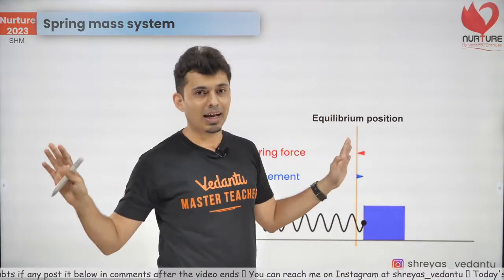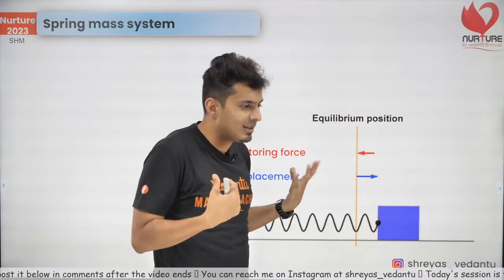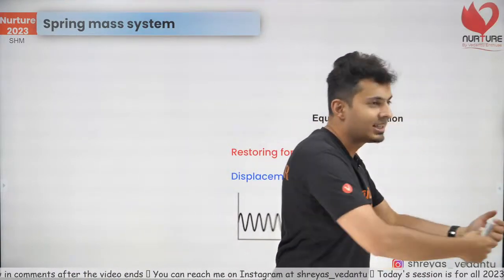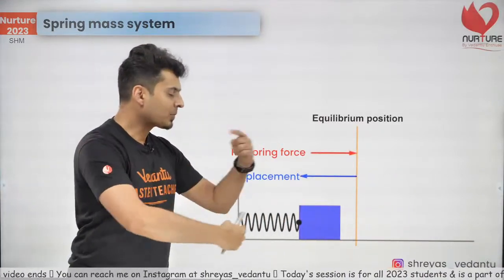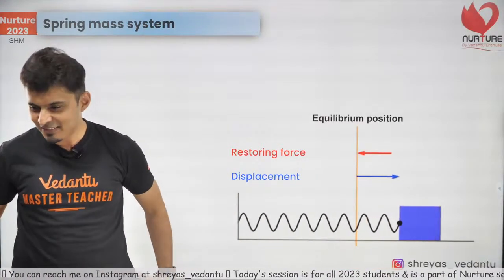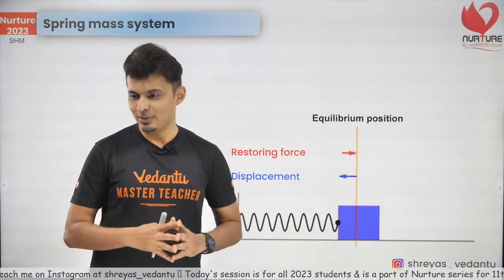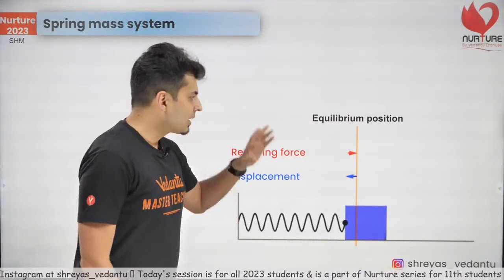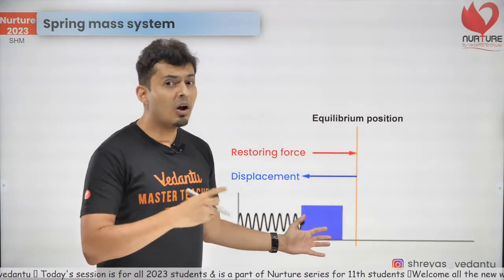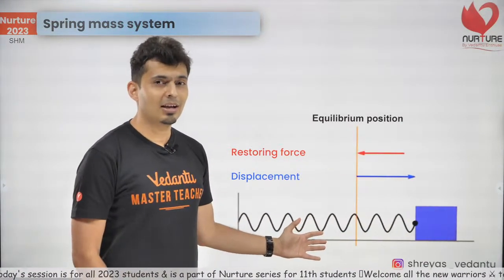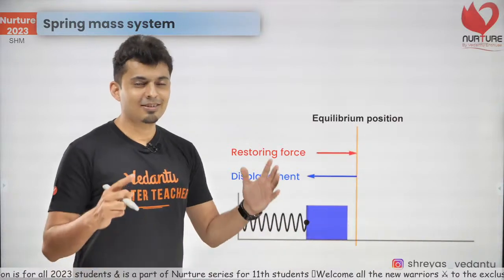Spring force is like, okay, I'm done. But again, you have momentum, so again you go to the other side. And the story repeats itself, and that's why this mass oscillates, right? That's what will happen. So, we want to know, is this actually a simple harmonic motion, or is it just an oscillation?